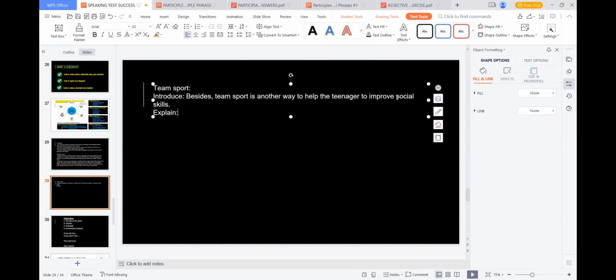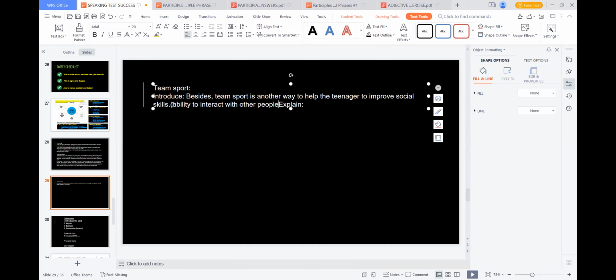Social skill means you have to speak to other people, the ability to interact with other people. You must make sure this point is about the ability to interact with other people.